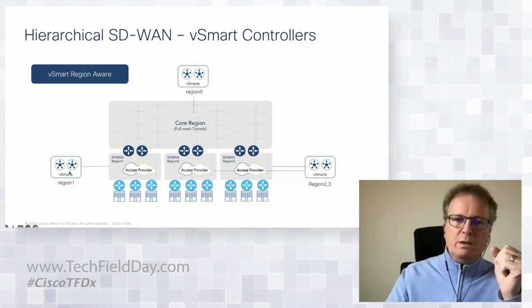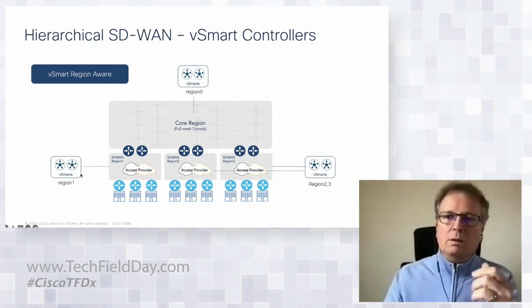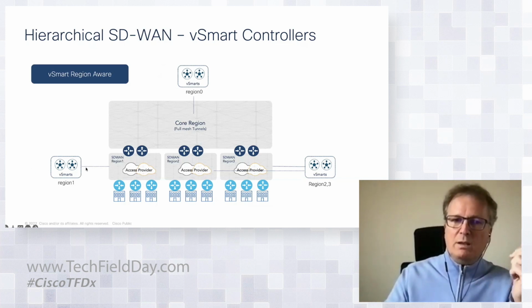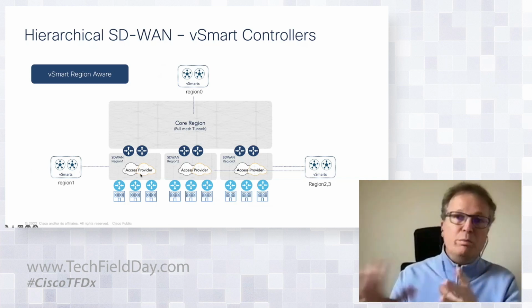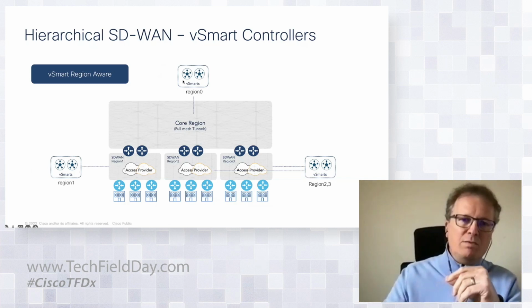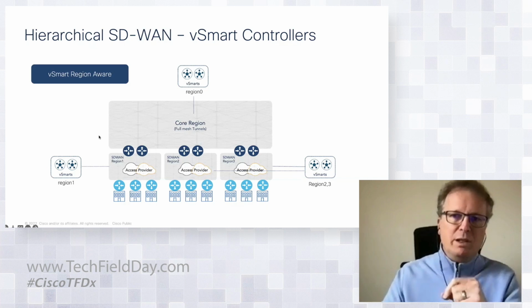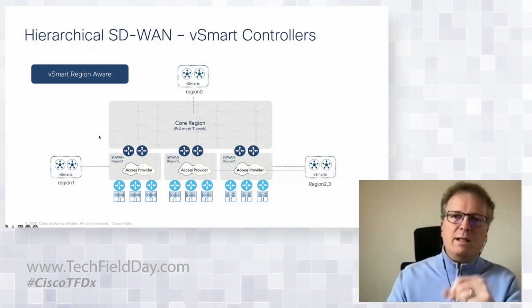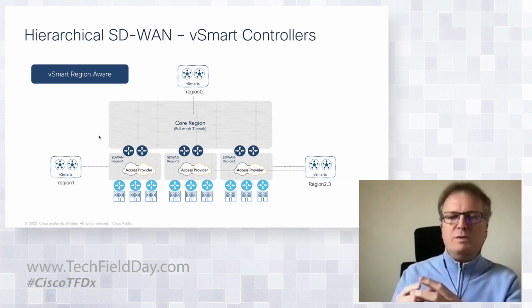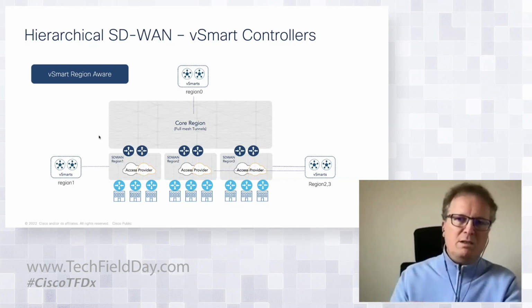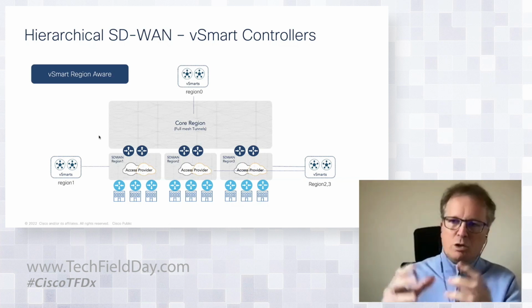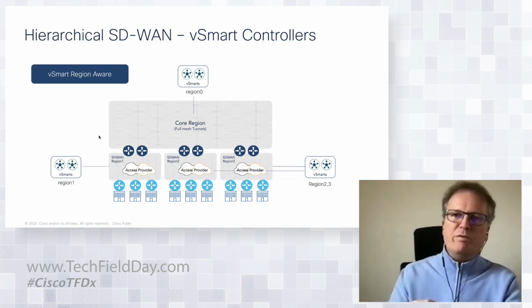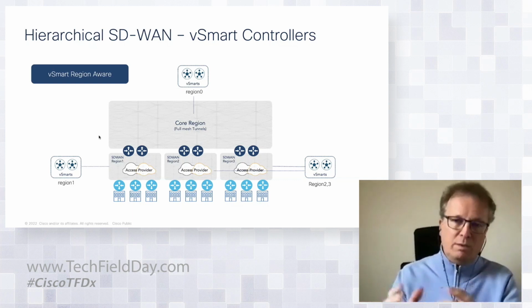Now, if we want to scale, then you can assign a group of VSmart to a specific region. And what is new compared to BGP is these VSmarts are completely isolated. That's one of the effects of building this two-level topology and the region, because then the group of VSmart for region 1 is completely isolated from the group of VSmart for region 2, and this way you can scale.